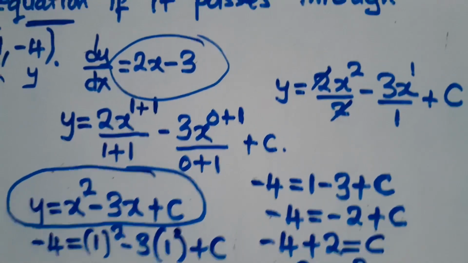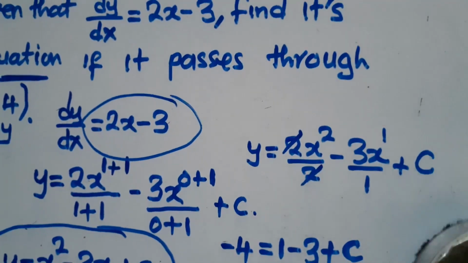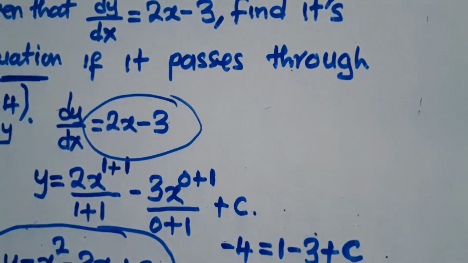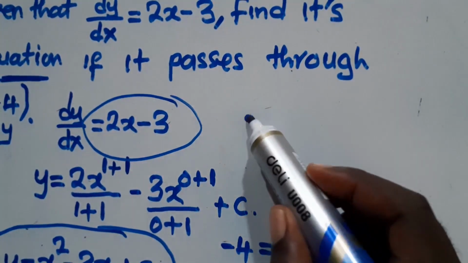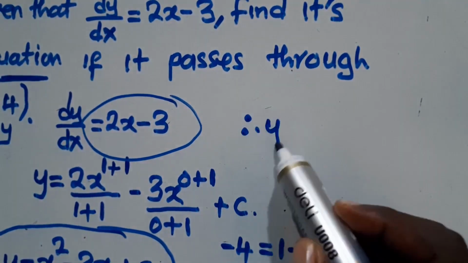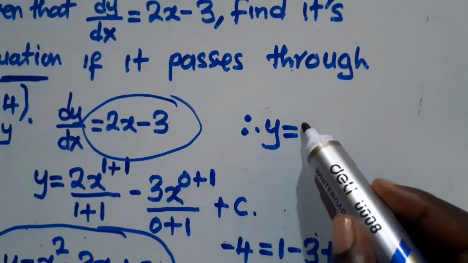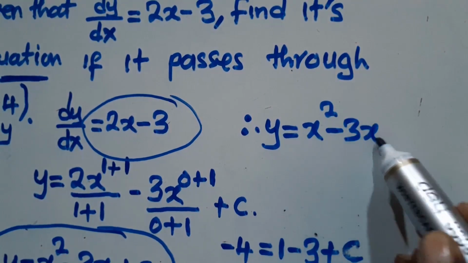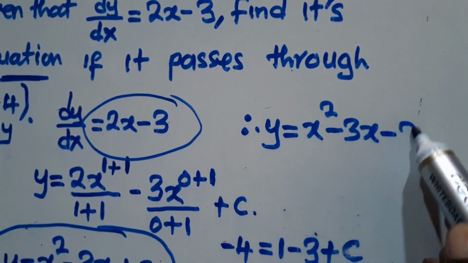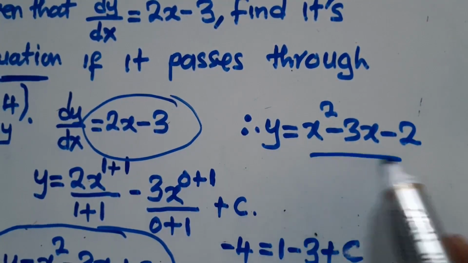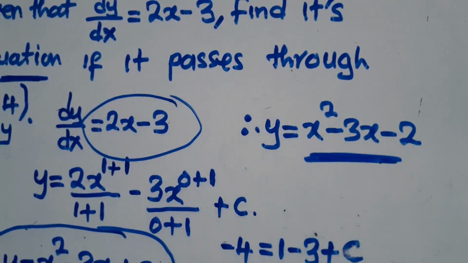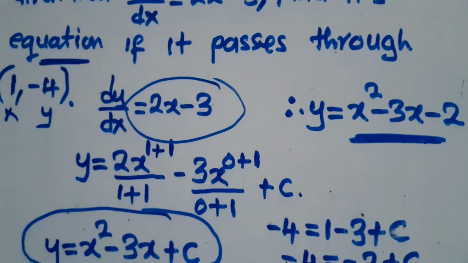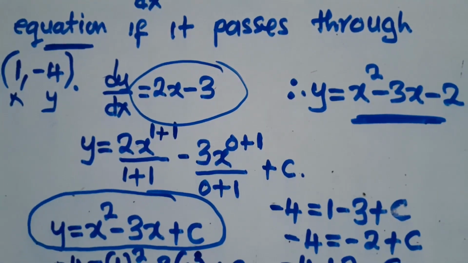So here, the final answer, where you conclude and say, therefore, y is equal to x squared minus 3x, and c is negative 2. You do this, meaning that this is its equation. This is what you need to do.